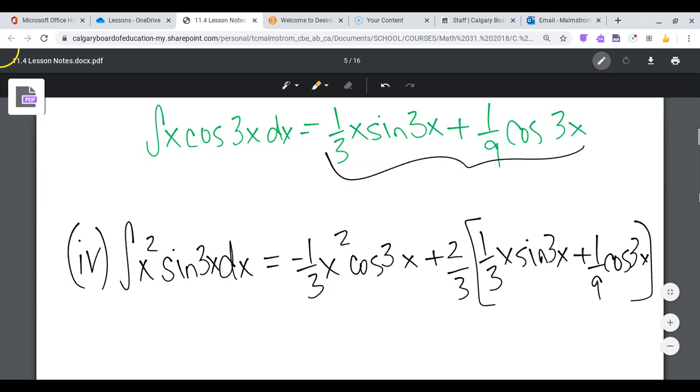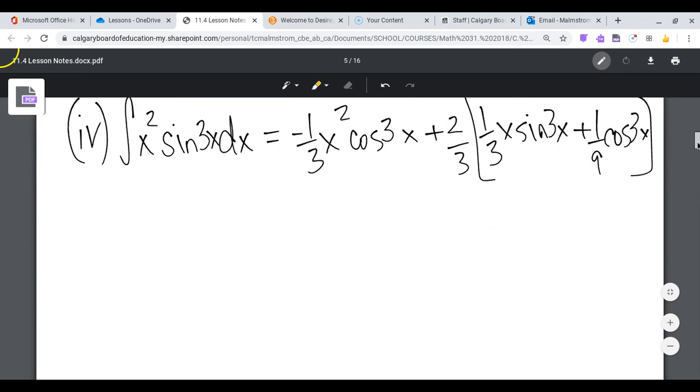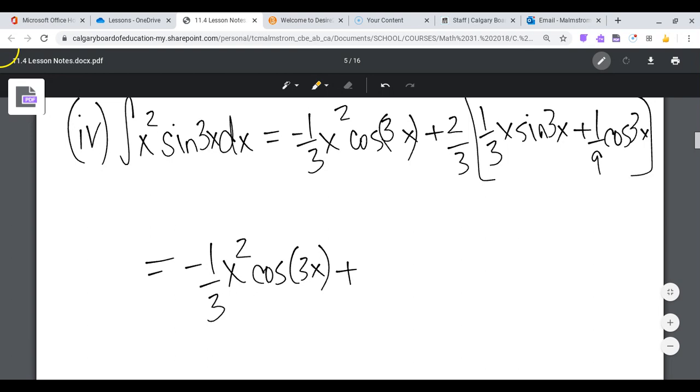Let's tidy this up. So this would be negative 1/3 x squared cos 3x. Put some brackets on that. Plus distribute the 2/3.